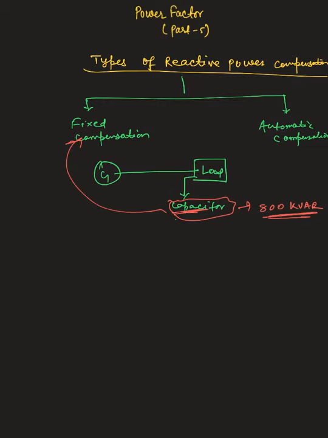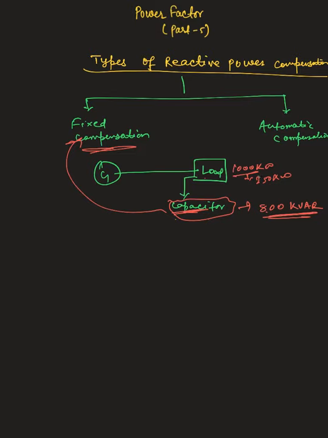What I mean by fixed is, even if the load is changing, suppose now there is a 1000 kilowatt load connected here. After some time, let's say this load comes down to 250 kilowatt. Still the capacitor value is not changing based on the load. That means the compensation is not a smart compensation, it's a fixed compensation.